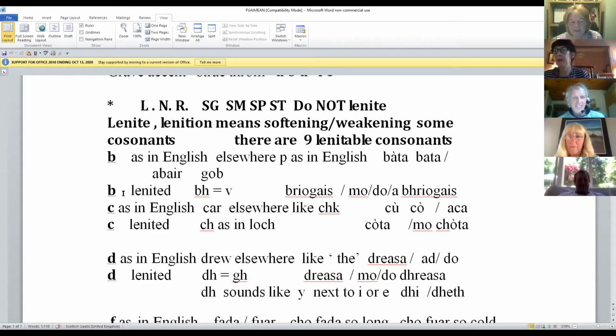Now with lenition, the B becomes BH, adding the itch to it, and the sound becomes like a V. So previously we had breekish for trousers. When it becomes mine, yours, or his trousers, you go mo, do, or a, and then you say breekish.